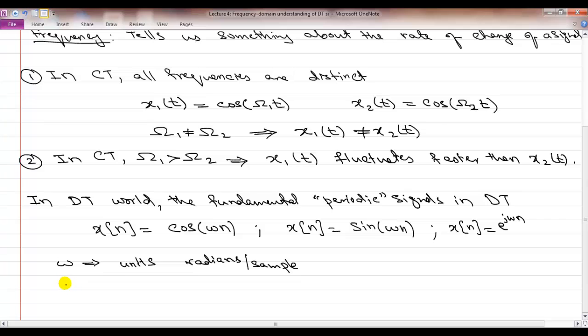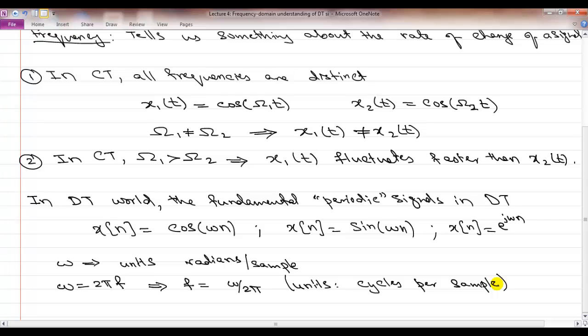Sometimes omega is written as 2 pi f, just like in the continuous time world, and in that case f, which is defined as omega over 2 pi, has units of cycles per sample. Again, you can't call it hertz because it's not cycles per second, which is the definition of hertz.